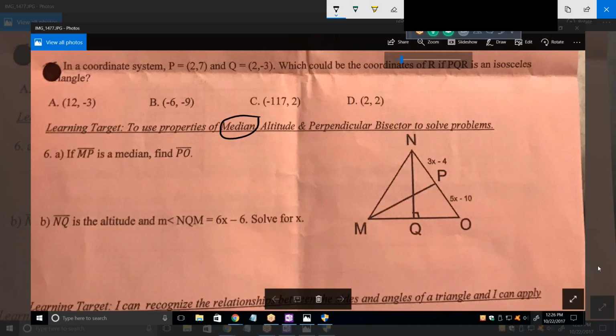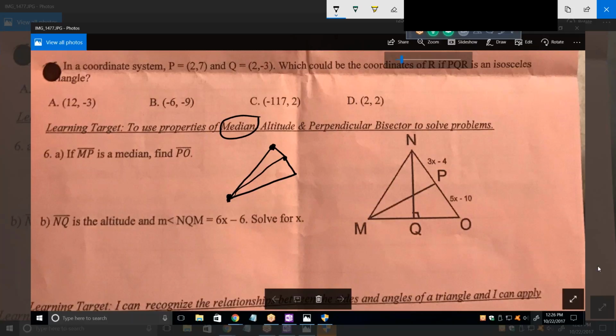This triangle isn't the best triangle to use because that's an equilateral triangle. Okay, let's use a triangle that's not an equilateral triangle. Something like that. A median is you start from each vertex and you go to the middle of the opposite side. So that's a median.